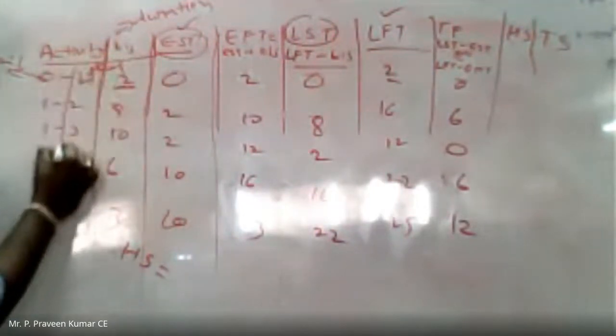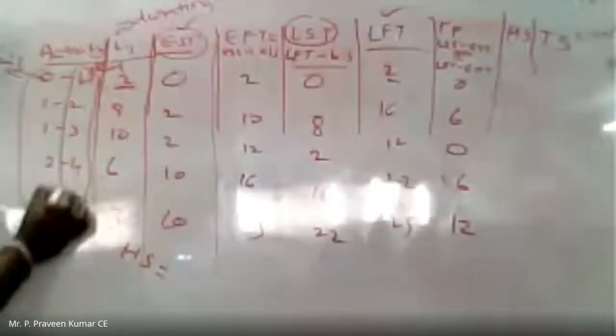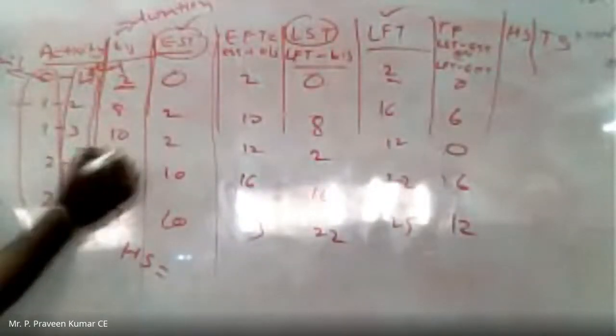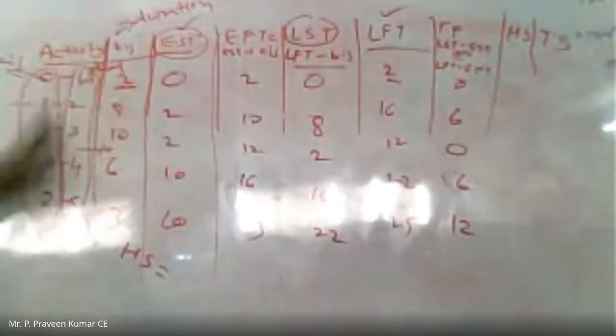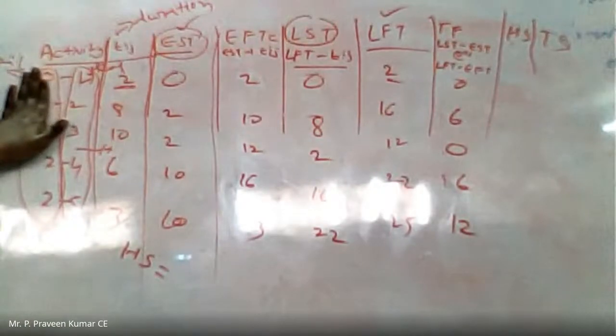All this part will be named as a head part. This part will be named as a tail part. Now we are calculating for head slack, right? You forgot about the tail part. Now see the head part. 1, 2, 3, 4, 5.